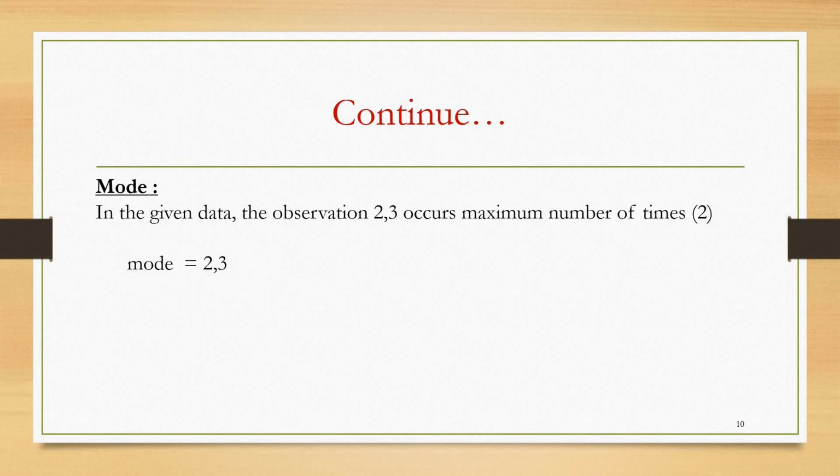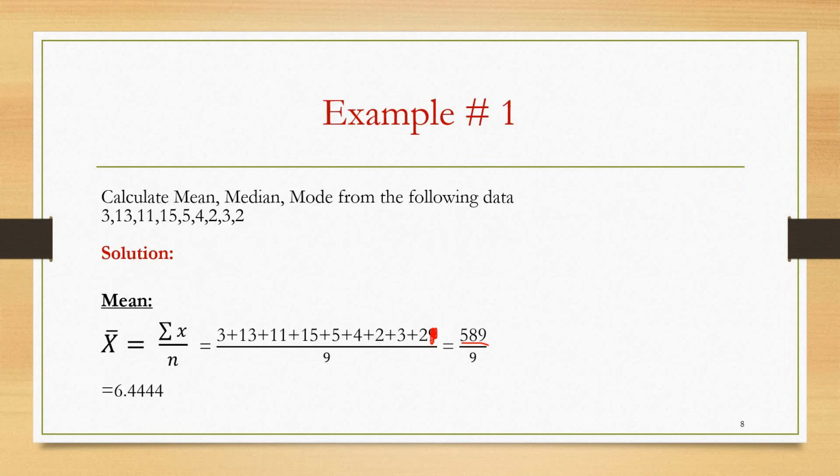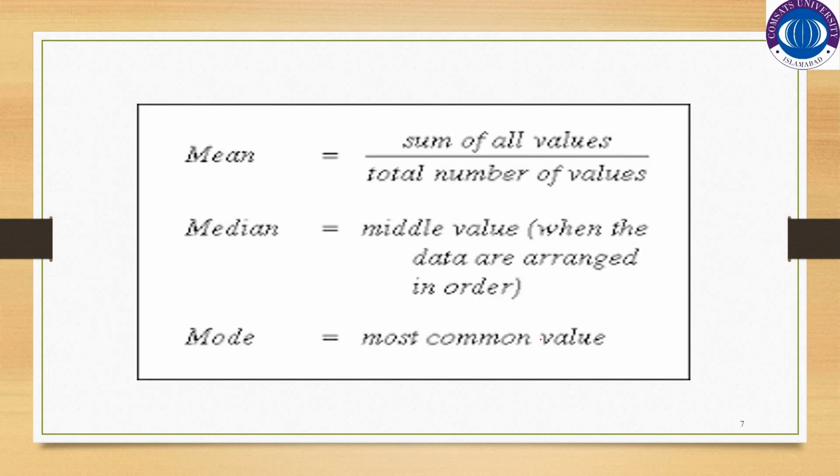And the third measure of the central tendency is the mode. What we have studied is that mode is the most common value or most frequently occurred value, the value that occurred maximum number of times.